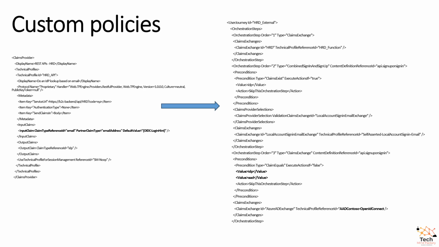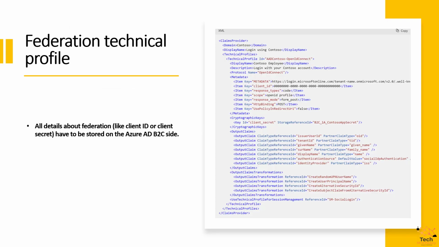For instance, if the IDP output claim is Azure Active Directory or AAD, then we will execute the AAD Contoso OpenID Connect technical profile. As you can see, here we have a precondition, and if IDP matches AAD, then we will call the AAD Contoso OpenID Connect technical profile, which is what we can see currently on the screen.